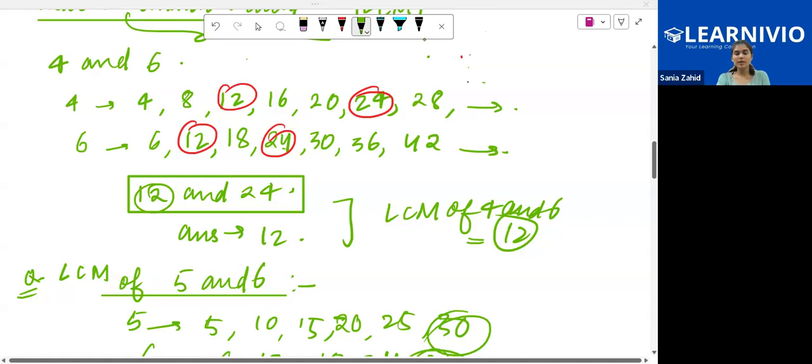Factors are the numbers by which, when the given number is divided by the factor, the remainder will be 0. Then common factors and test of divisibility I also just taught you.